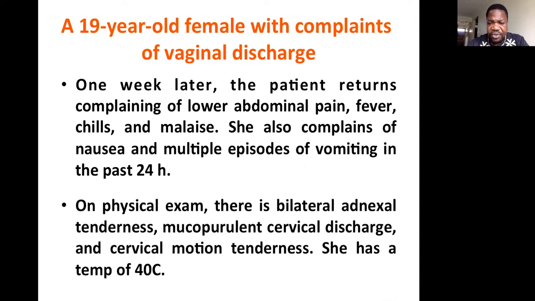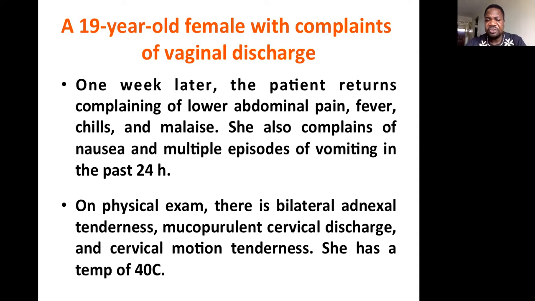On physical examination, there is now a bilateral adnexal tenderness. Remember, when you did a bimanual examination initially, she did not have that, but now she has adnexal tenderness, and there is still a mucopurulent cervical discharge and cervical motion tenderness; when you try to move the cervix, she feels pain.